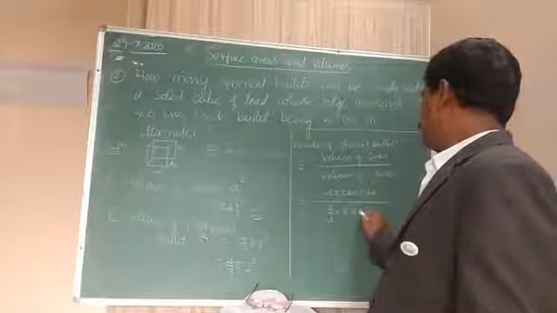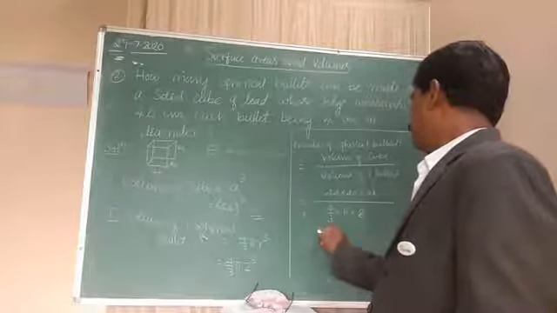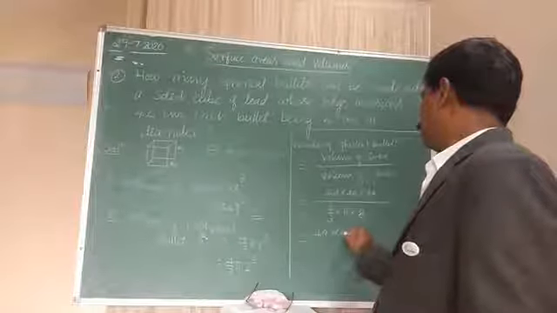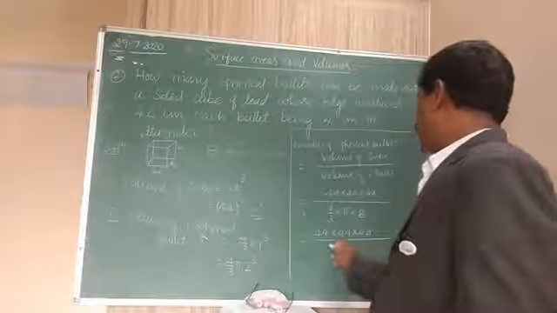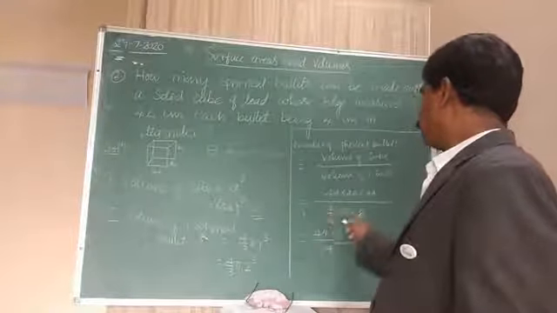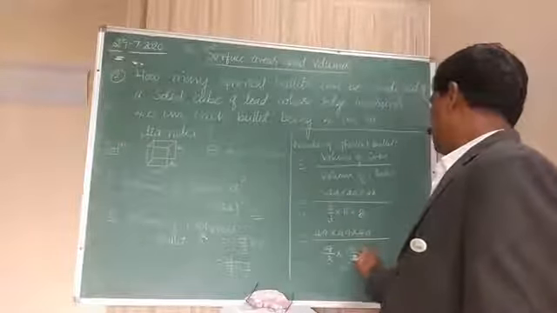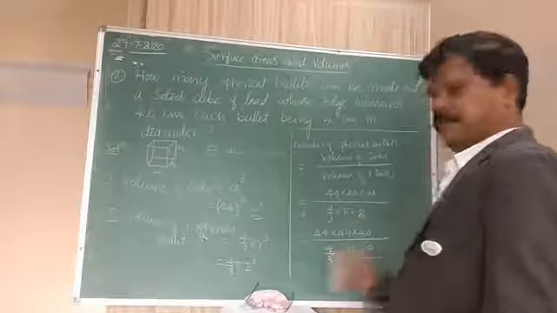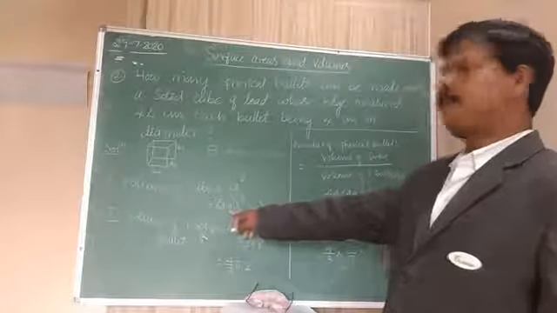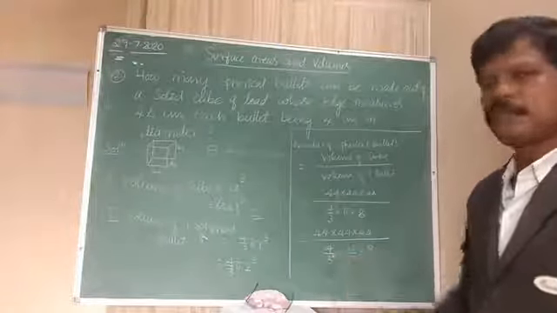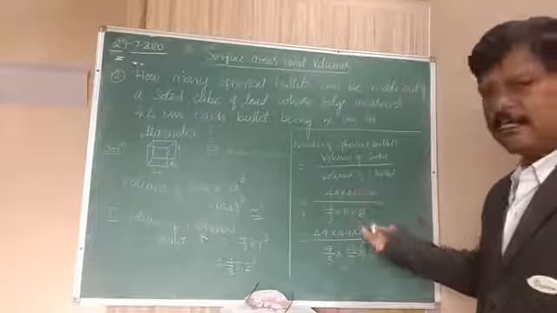2 cube means 8. So now here is 44 into 44 into 44 whole divided by 4 by 3 into 22 by 7 into 8. Are you clear on how to write this down? Why did I not multiply this 3 times? Because the calculation becomes tough. So keep it as it is, so that calculation is easy.